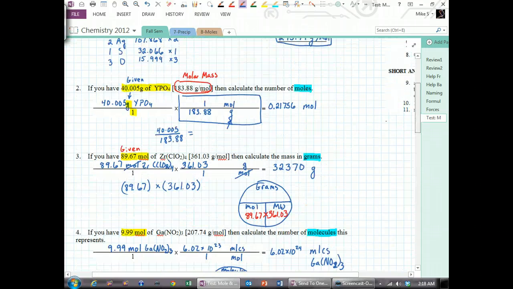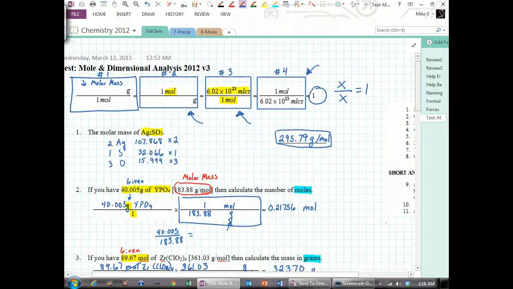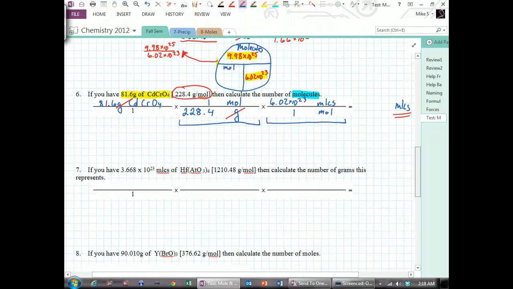And you might not have noticed, but all of these fractions are equal to 1. The reason is if the top is equal to the bottom, let's say x divided by x, well, x goes into itself 1 time. So the only way that this system of converting works is if you use equalities where the top is equal to the bottom. They're called unit conversions.